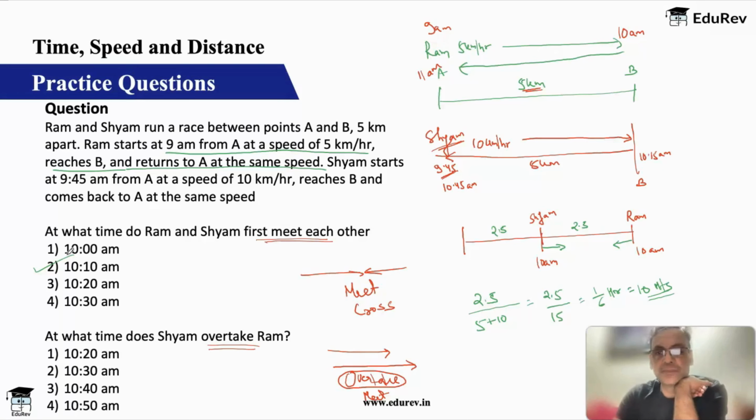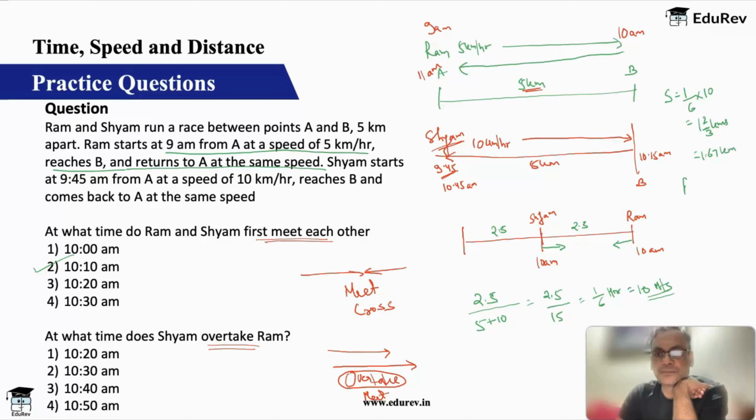In this 10 minutes, how much distance will they cover? So where will they meet also we can find out. Shyam, 1 by 6 of an hour and speed of 10 kilometers per hour, he will be at 10 by 6 or 5 by 3 kilometers, or 1.67 kilometers.